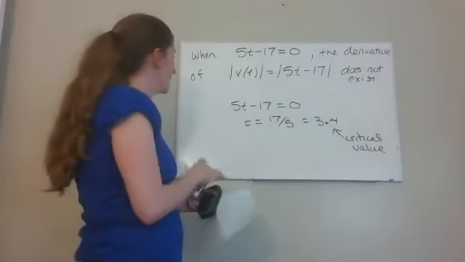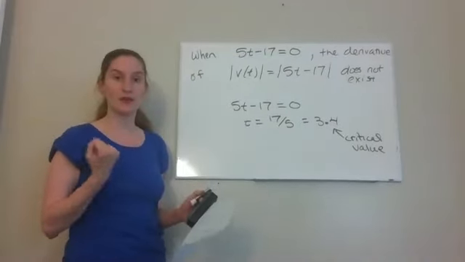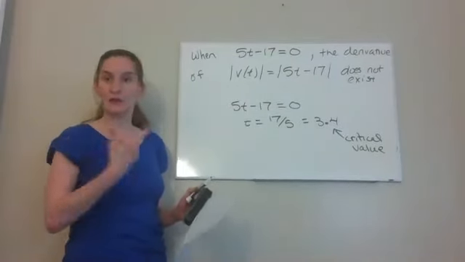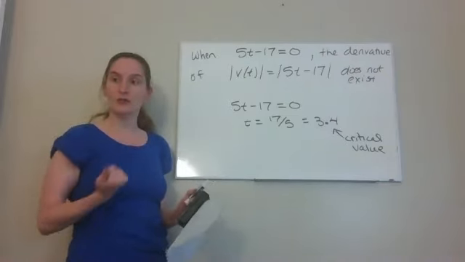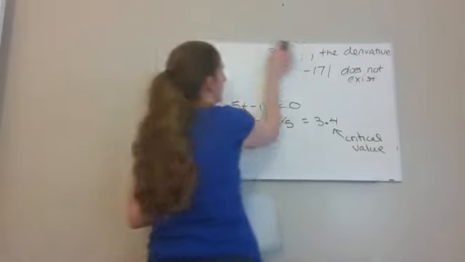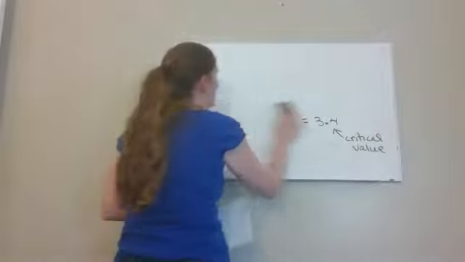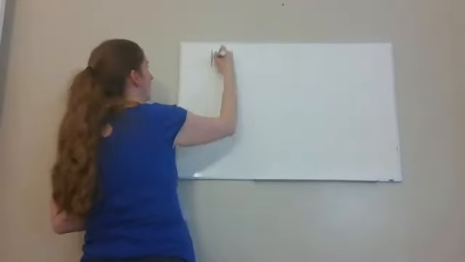So now to find my maximum speed, I have to plug this critical value into my speed function, as well as checking the endpoints of my time interval. Whichever value gives me the highest result will be my maximum speed. So let me write down again what our speed function was.